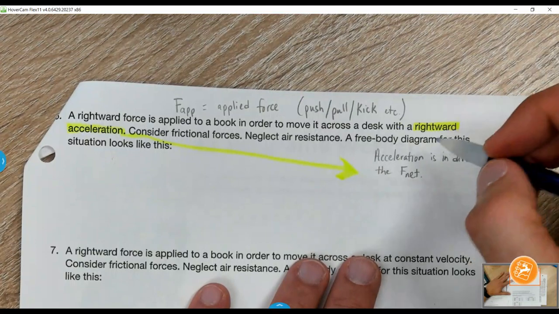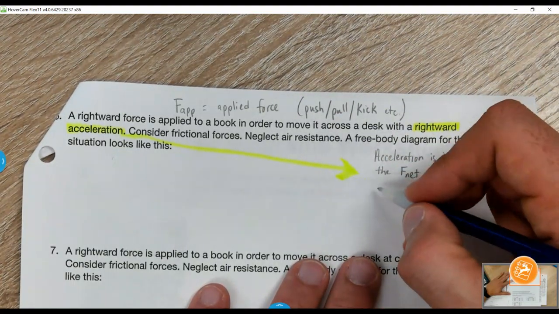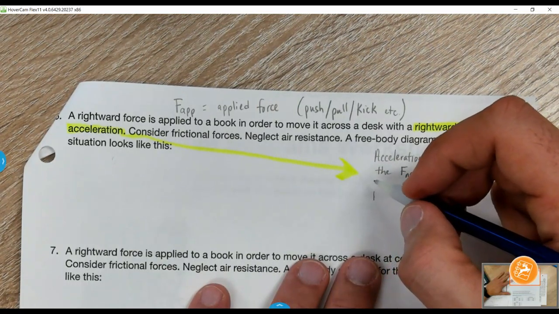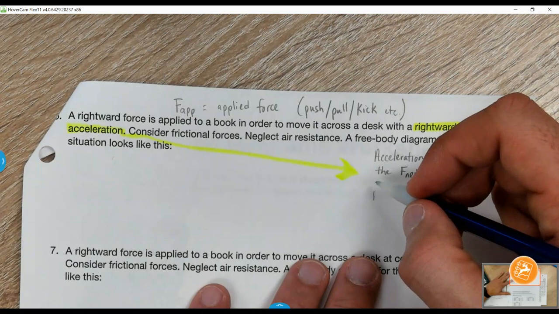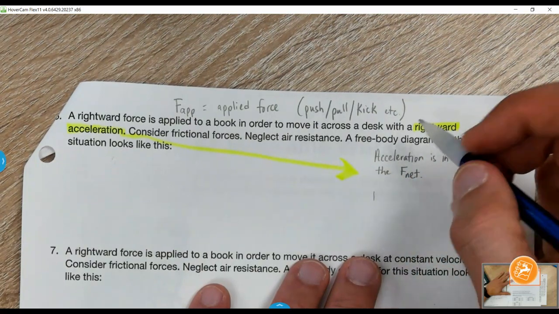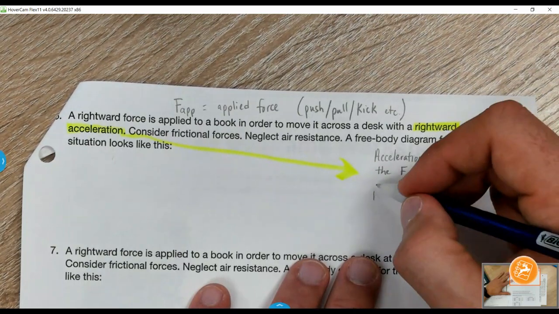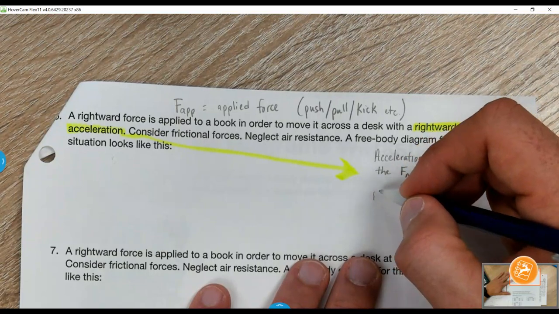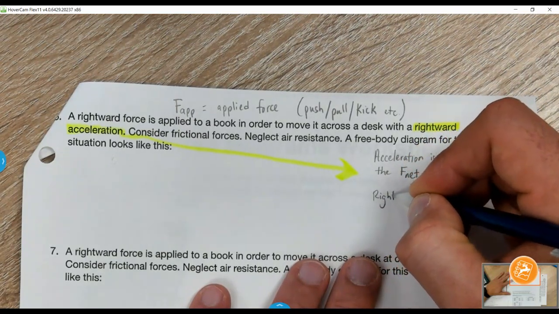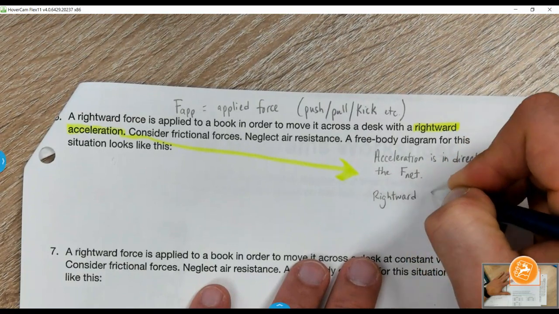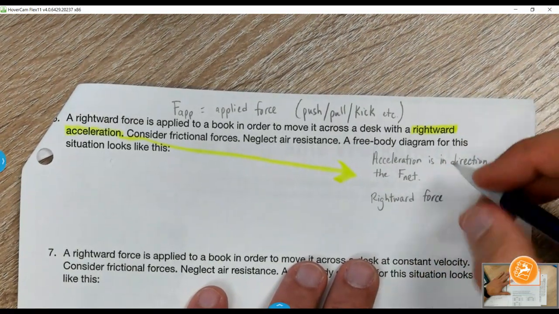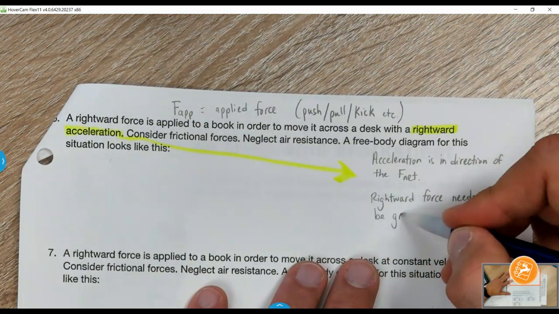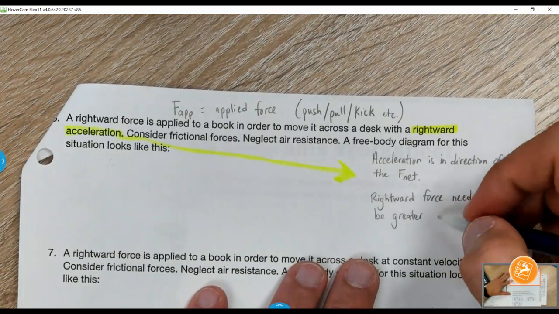Since it's moving to the right, if the acceleration is to the right, that means the net force has to be going to the right, which means the rightward force needs to be greater than the left.